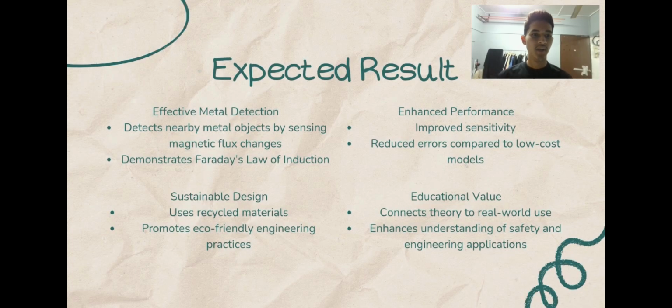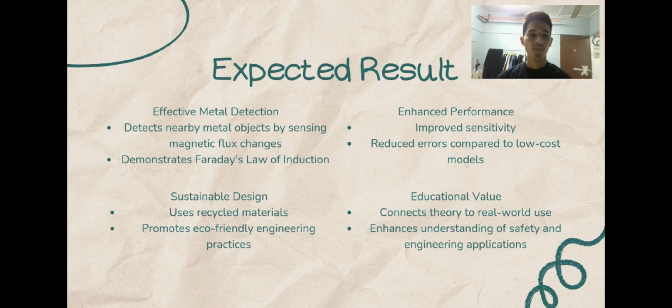My name is Muhammad Naim. So I want to explain the expected result. The expected outcome of this project is to develop a simple and functional metal detector using time-varying electromagnetic fields, covering chapter 3. First, the detector should efficiently identify nearby metal objects by sensing a change in magnetic flux and applying Faraday's law of induction.